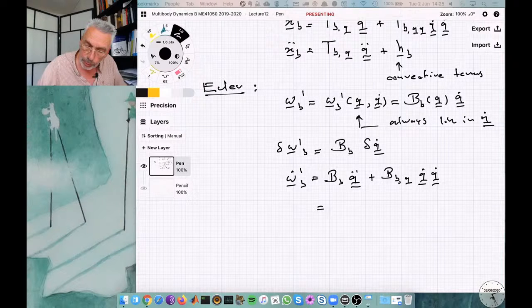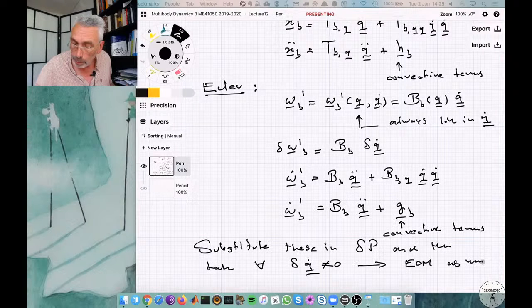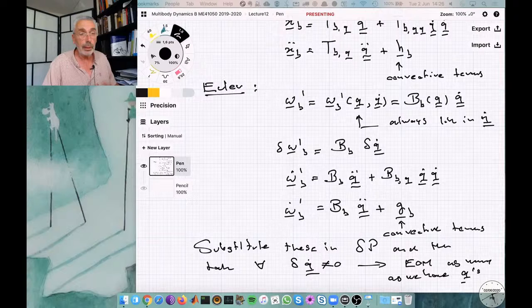Do I use an index? No, I can use a vector. And if I do that, then I get the equations of motion, as many as we have q's, right? So for every q I get an equation of motion.